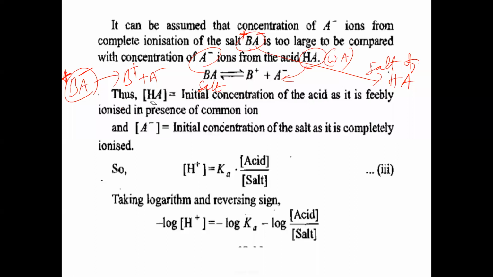Thus, the concentration of HA, the square bracket of HA, is nothing but the initial concentration of the acid. Concentration means which letter we have to take? C. So it is the initial concentration of the acid, as it is feebly, meaning weakly ionized, weakly dissociated in the presence of a common ion.